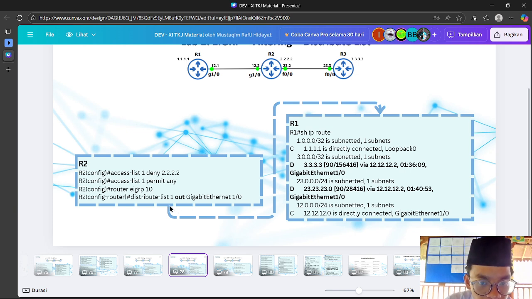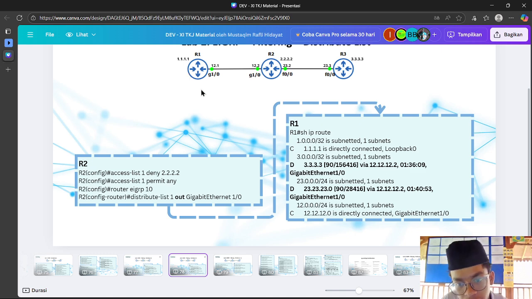What's the difference between in and out? When we write distribute-list 1 in, network 2.2.2.2 cannot enter router 1. Then when we use out, router 2 can enter router 1 but cannot go out again. But when we check in router 1, there is still no network 2.2.2.2 because we already deny network 2.2.2.2 in router 2.